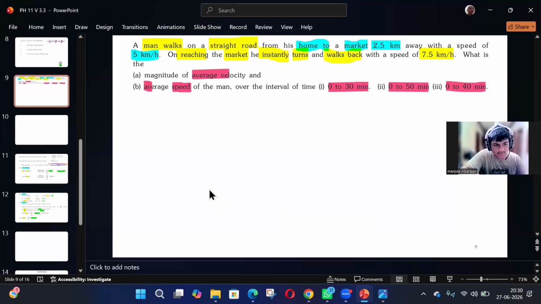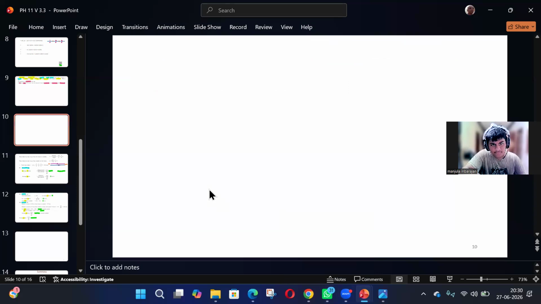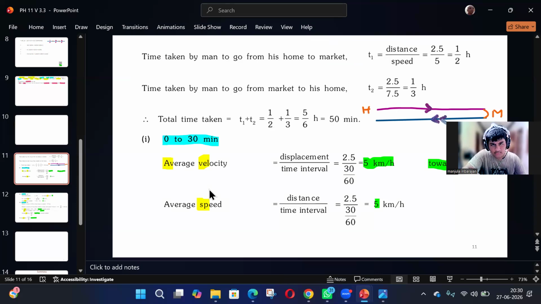For 30 minutes, he walks with 5 kilometers per hour speed, I think. No, at the end of 30 minutes, where he'll be, that you have to figure out first. And the answer is 5 kilometers per hour for 0 to 30 minutes.